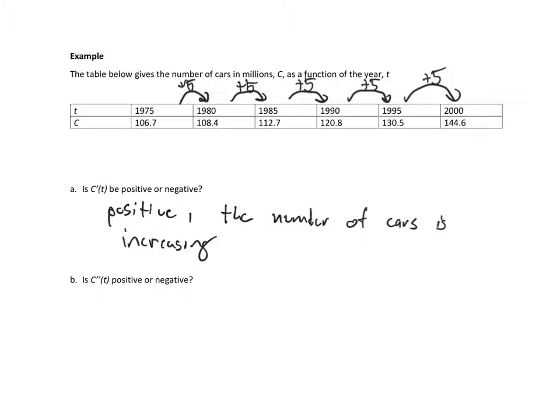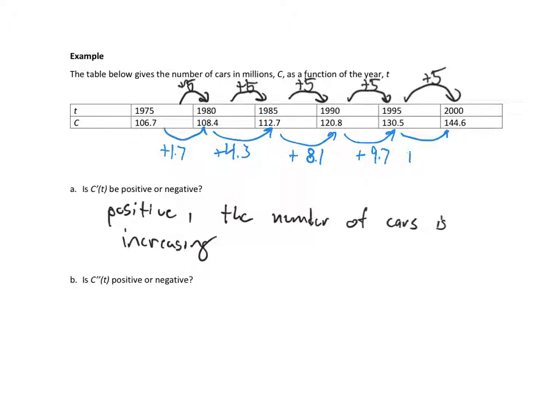In other words, we want to consider, as time goes on, does the increasing actually happen at an increasing rate? So if we look, to go from 106.7 to 108.4, we would add 1.7. And here we would add 4.3. To go from this point to this point, we would add 8.1. Here we would add 9.7.